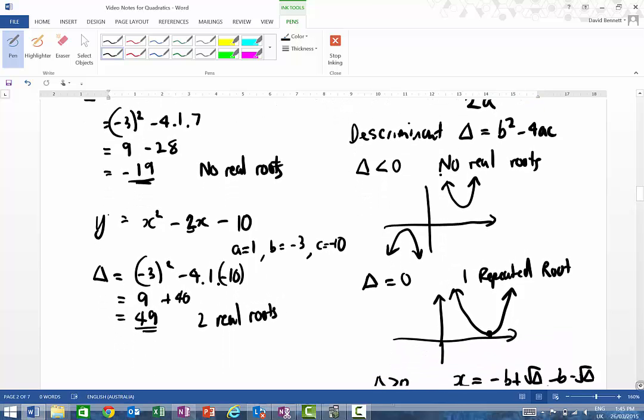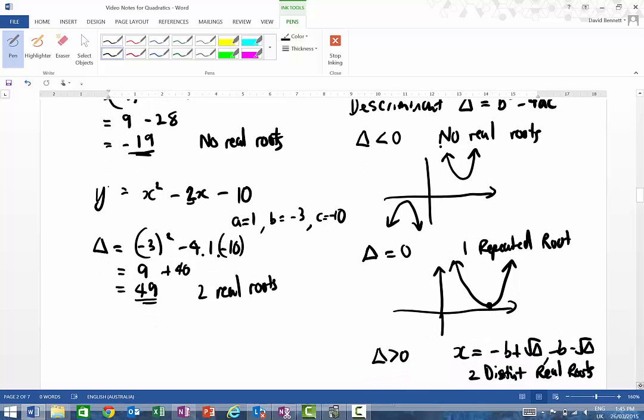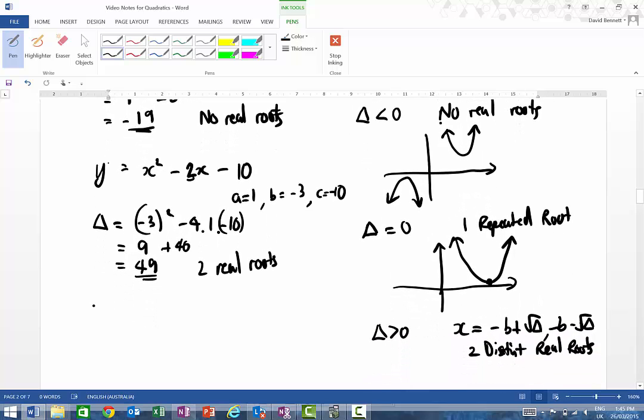So let's do the next part of this question. Now I'm going to put it into the formula. So x equals minus b, so minus minus 3 becomes 3, plus or minus the square root of the discriminant. The discriminant is in fact 49. I don't need to do any more because I've already worked that out, that bit inside the bracket.